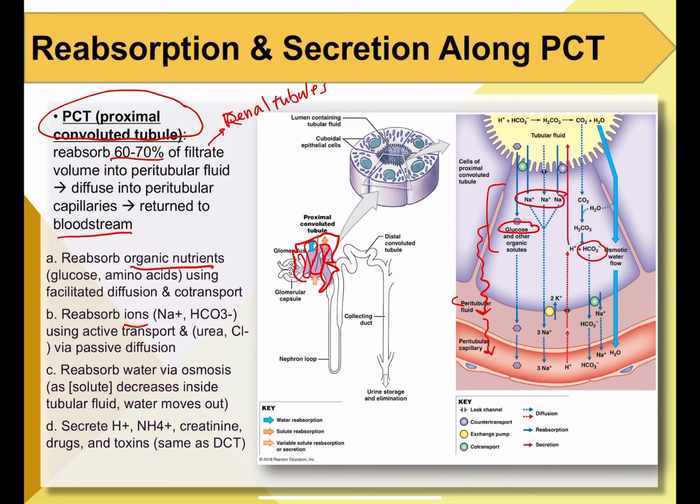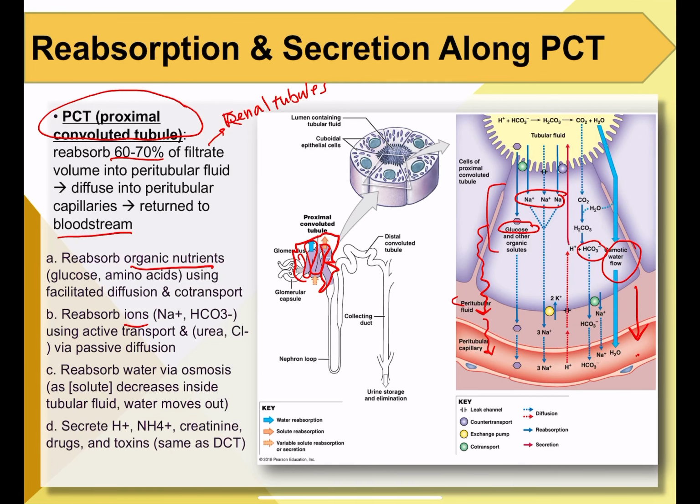And urea and chloride ions are also reabsorbed by passive diffusion, just based on concentration, okay? And then you can also reabsorb a lot of water back into your blood, okay? So remember, reabsorption means it goes back into your blood in your peritubular capillary. Excretion or secretion means they're going into your renal tubule, forming your urine, okay?